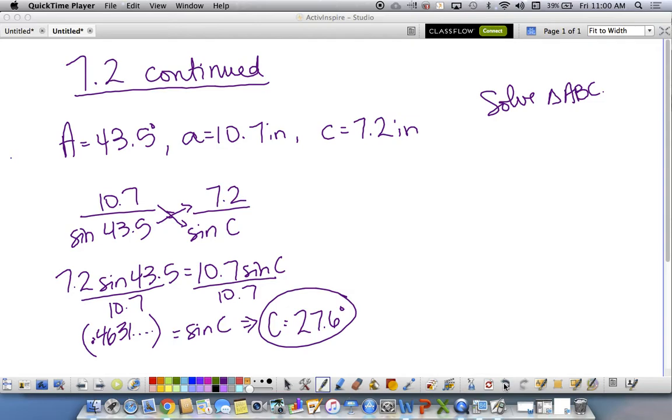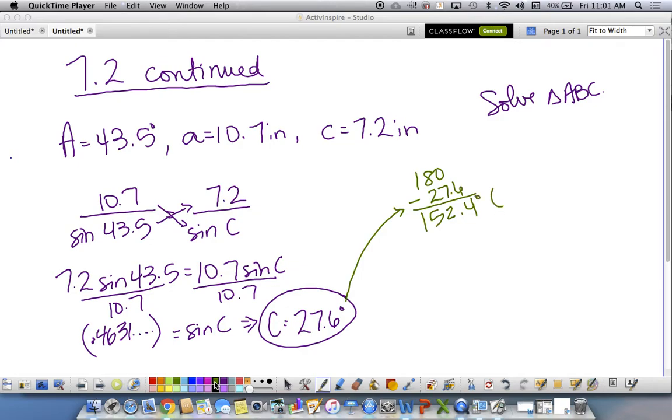We are happy. But from now on, when you find that angle, we need to check, does a second triangle exist? So we're always going to go over here to the side and say, what is 180 minus 27.6? When I subtract these two numbers, I get 152.4.